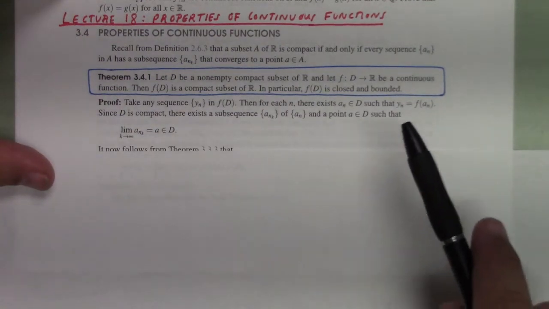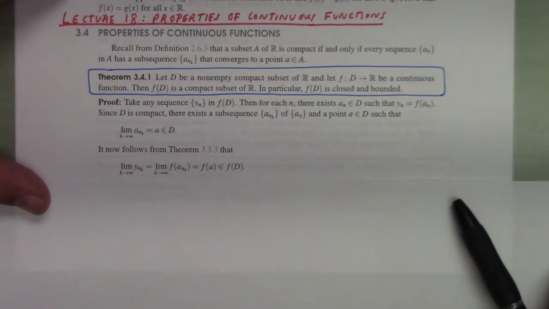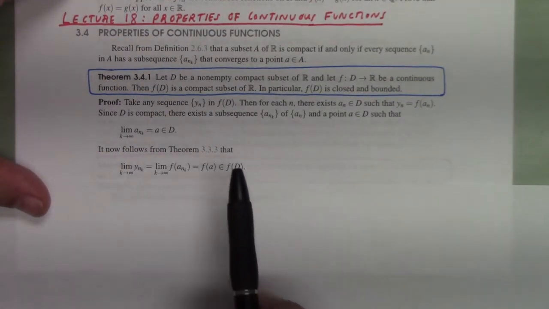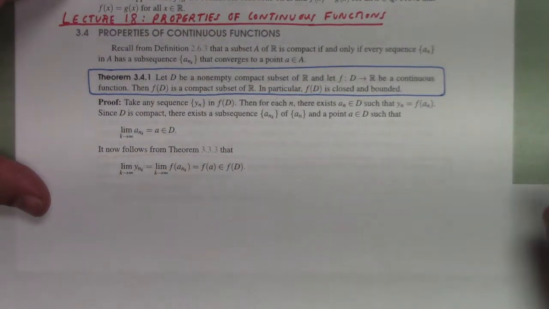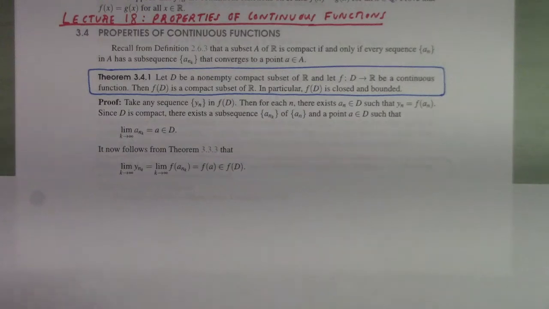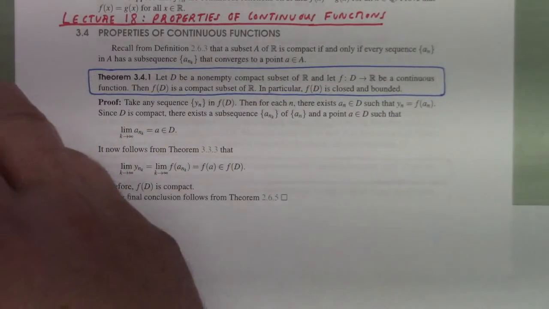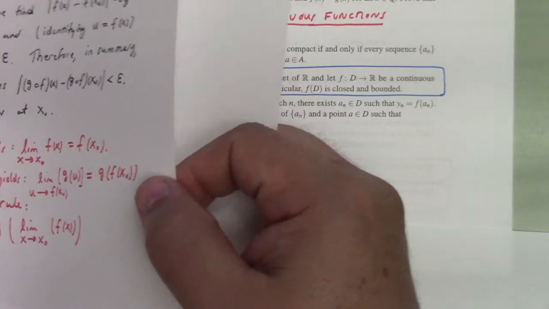And so then it follows from theorem 3.33 that the limit of, let me remind myself what theorem 3.33 is. My numerical recall of the theorem numbering in this book is not awesome.